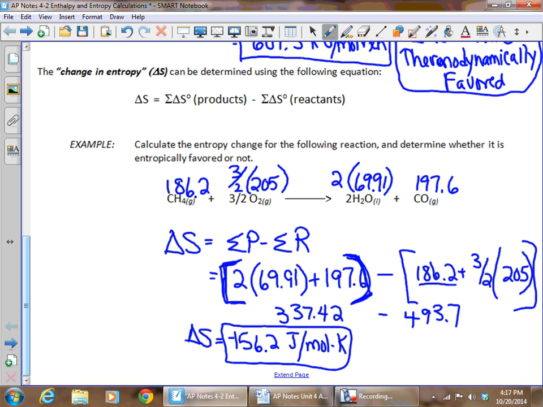Well, for entropy, a negative value means that we have an unfavored reaction. Entropy is unfavored when it's negative. We always want, remember, lazy slobs, low energy, high entropy. So this is entropically unfavored. I'll spit it out here in a minute. Entropically unfavored.